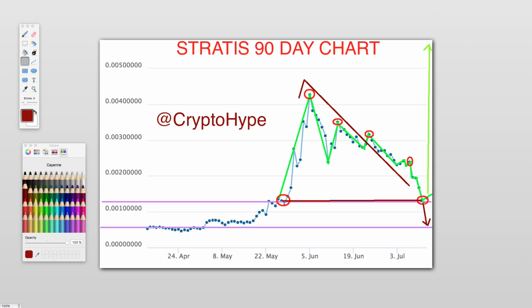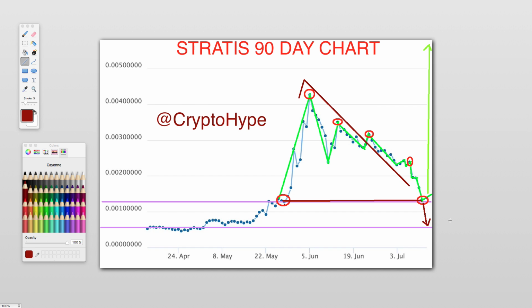We're not really sure about that. So right now we're just going to consider this support level as its primary support level. I don't believe that the price is going to go further than this unless something really bad happens in the cryptocurrency market. So this right over here is the best price that you can get Stratis at.